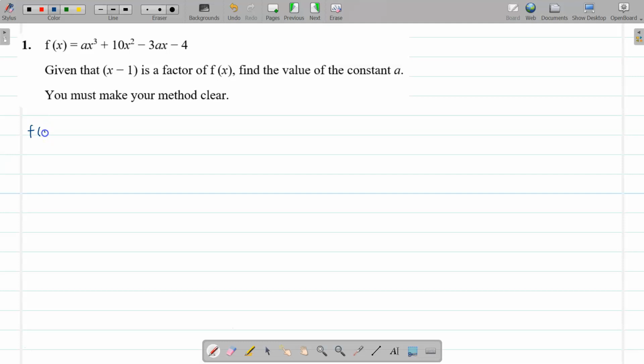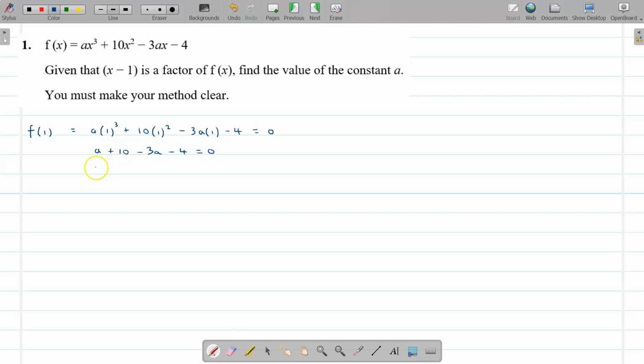So f of 1 is equal to a times 1 cubed plus 10 times 1 squared minus 3 times a times 1 minus 4, and that is equal to 0, which means that a plus 10 minus 3a minus 4 equals 0.